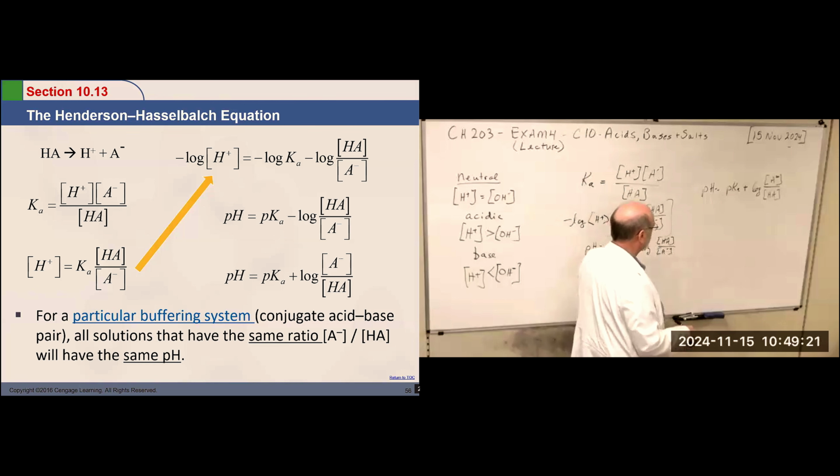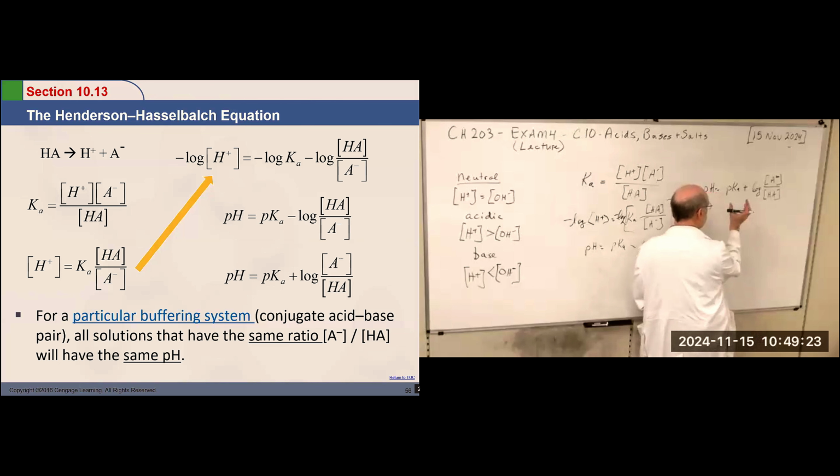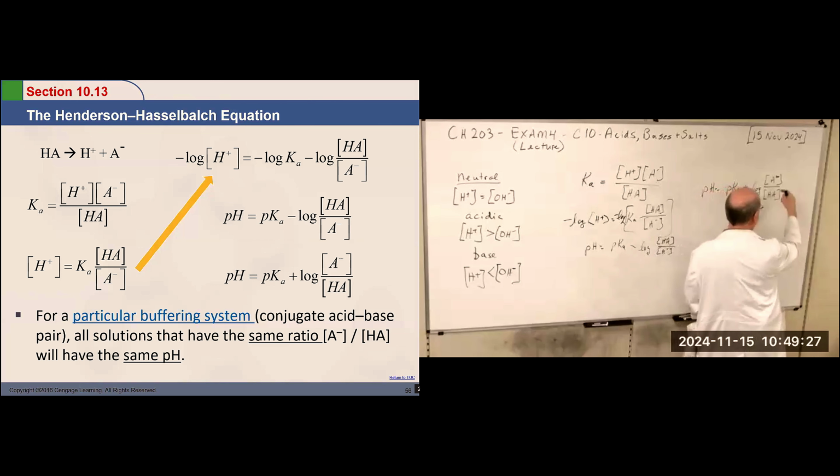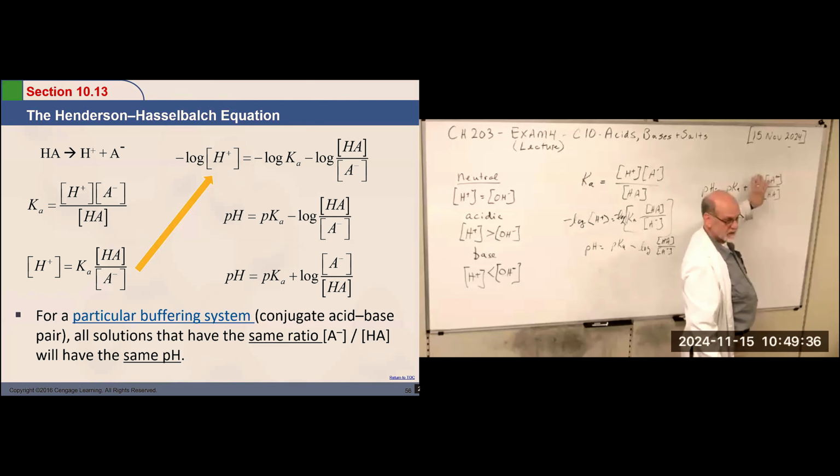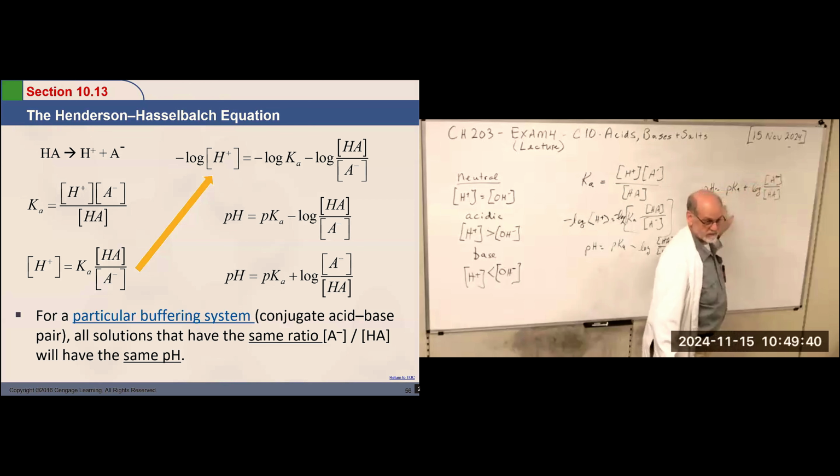All right. One thing we notice is, you know the pKa of your weak acid. And if the ratio of conjugate base to acid is the same, in any solution you make, you're going to come out with the same pH.